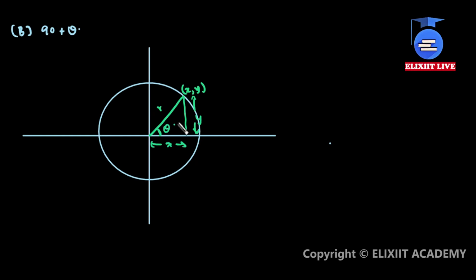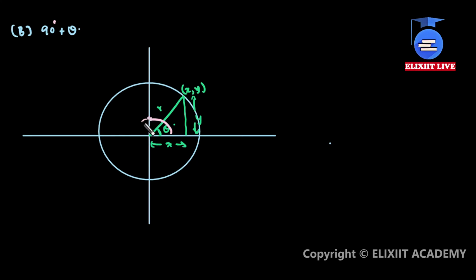What we need is 90 plus theta. So gradually you have to first locate where 90 plus theta is. You can visualize from this particular diagram itself, if this much is 90 degrees, plus theta, so this much is 90, so plus theta will be somewhere over here, right?